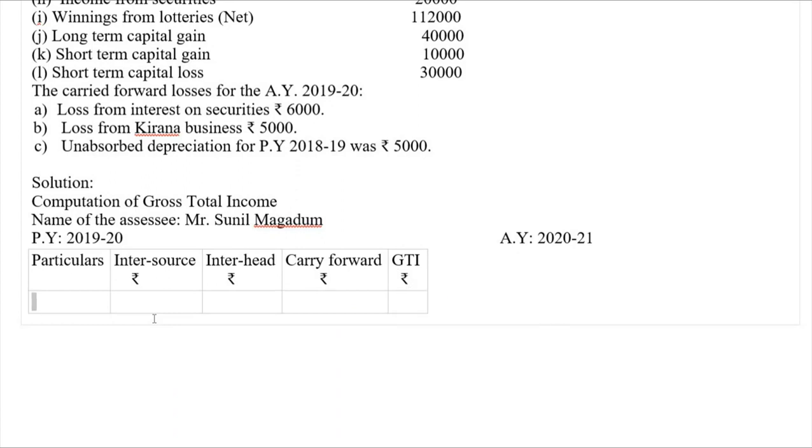So before we go for working out, let us discuss this problem here. Then we can proceed for working out the problem here.